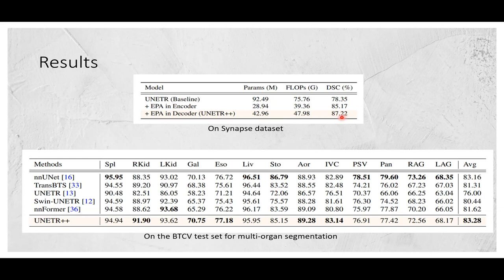And the second table is the performance on the BTCV dataset, which is for multi-organ segmentation. As you see, UNETR++ either has the best performance in each class or is very competitive with the best results.